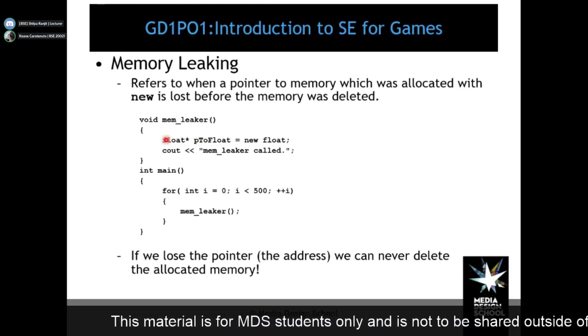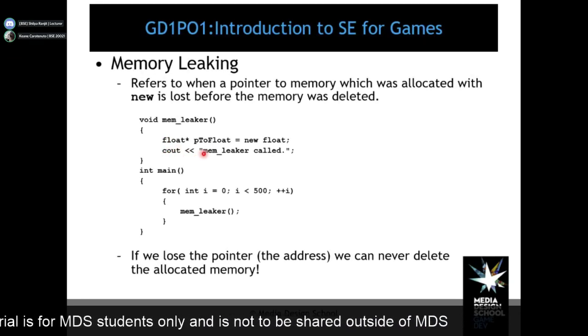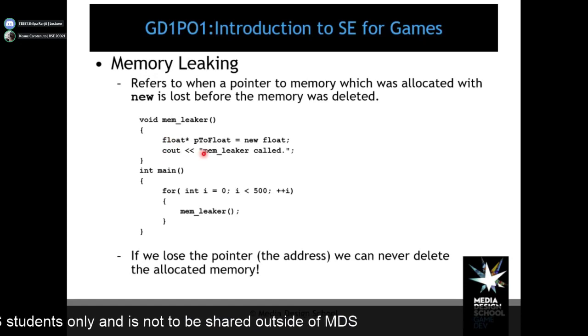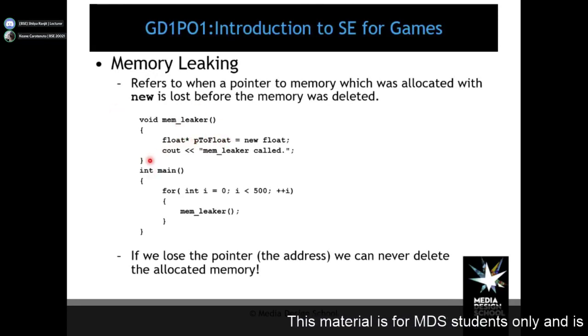So it is only inside the mem leaker that you can do the delete p2 float statement, because the main has no idea what the p2 float variable is. Though the memory exists throughout the lifetime of the program, it can only be accessed using the pointer, and that pointer is available within this local function.